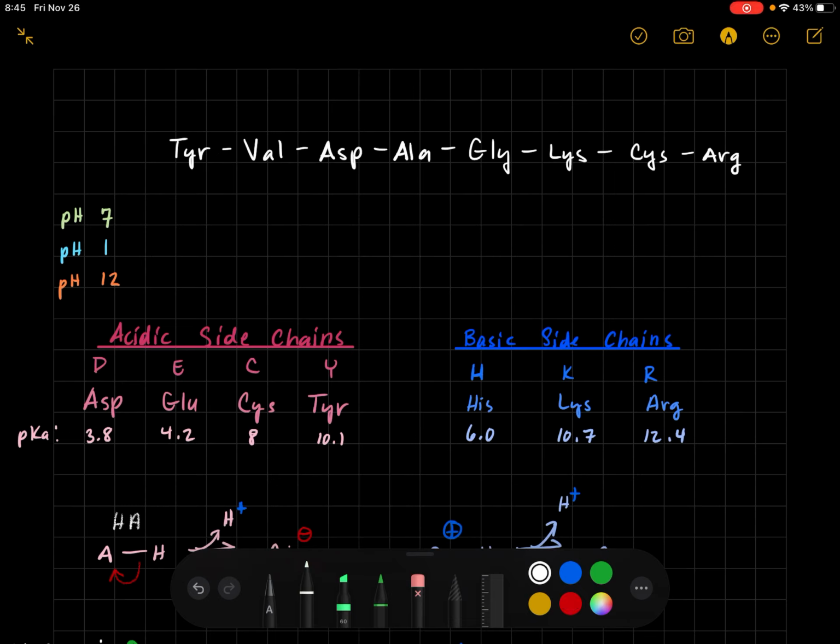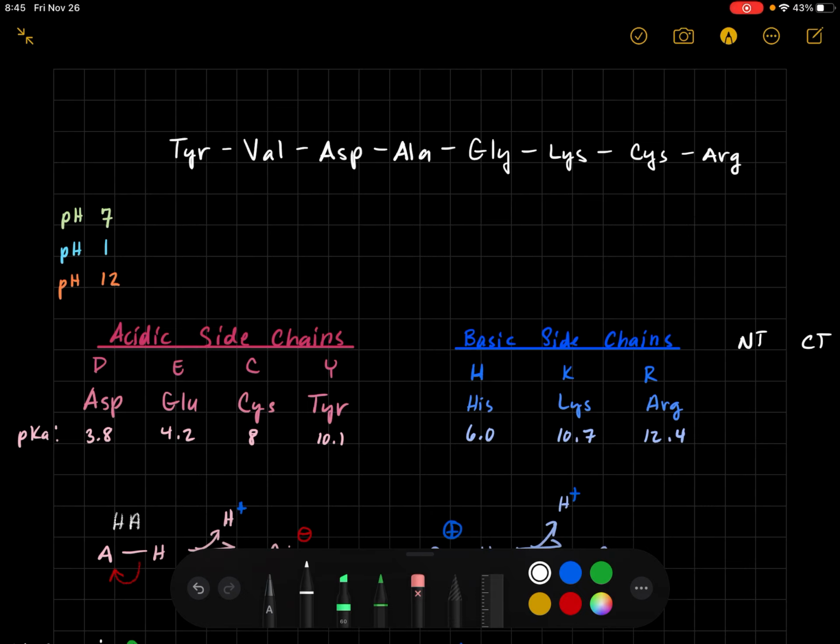The pKa's for each of these amino acid side chains are listed here. There are also two groups at the terminal ends of any peptide, and these include the N-terminus and the C-terminus. The pKa of the N-terminus, I'll put them here, so NT and CT.